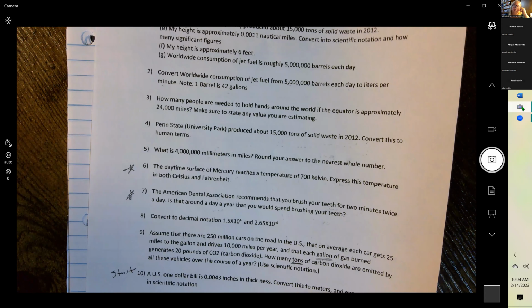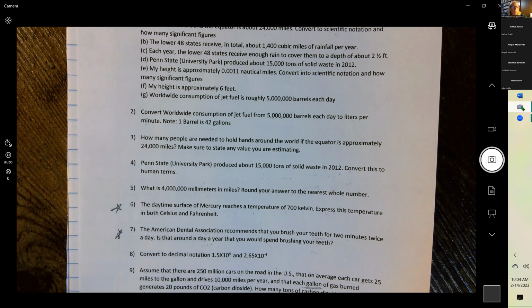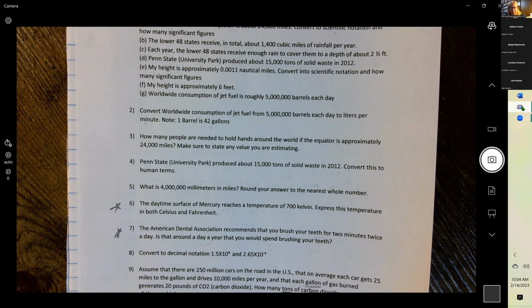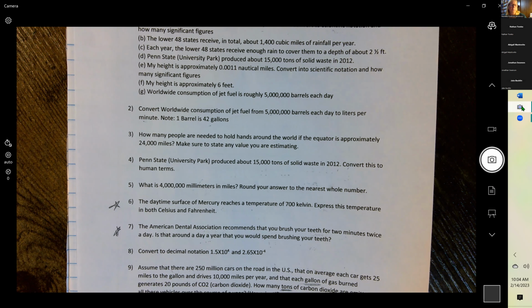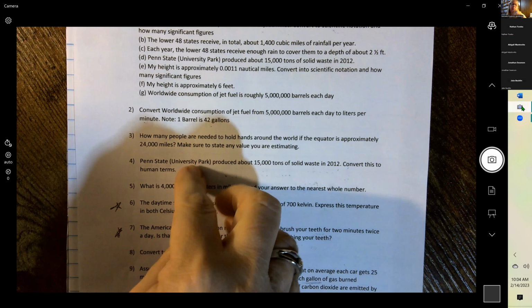On the review, we had done 1 through 9 last class. Right now on the exam, I have 10 problems. But I'm going to take the test and see, because a lot of them are conversions.